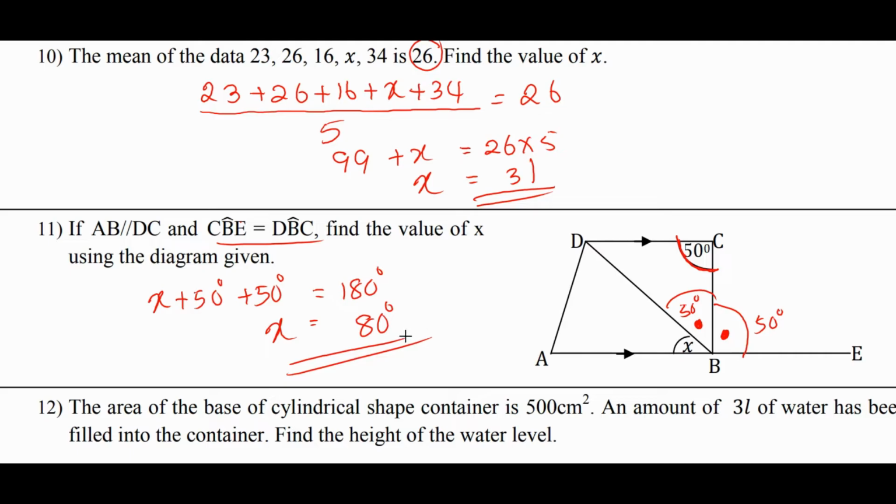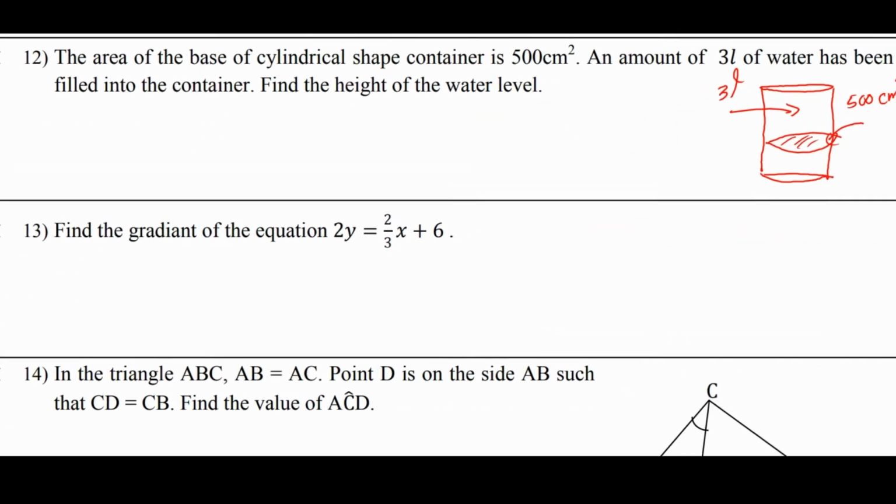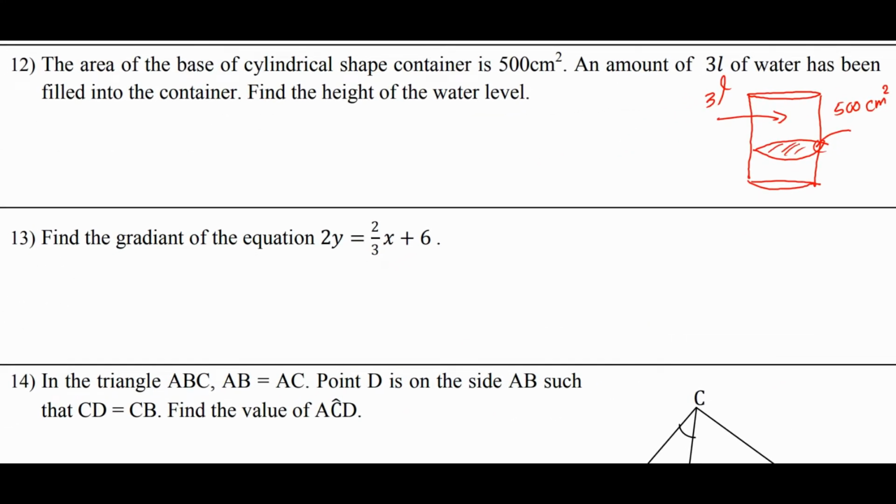Another simple question. Right, let's try question number 12. According to the volume, I have drawn a simple figure according to the details. Here we have a cylinder with a base area of 500 square centimeters, and the capacity of this container is 3 liters.